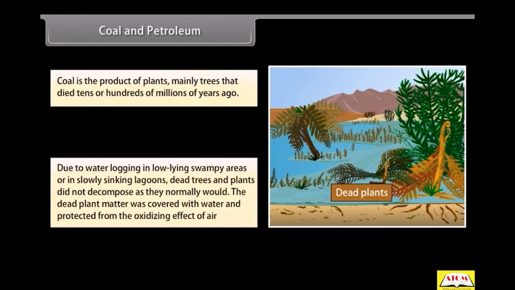Due to waterlogging in low-lying swampy areas or in slowly sinking lagoons, dead trees and plants did not decompose as they normally would. The dead plant matter was covered with water and protected from the oxidizing effect of air.